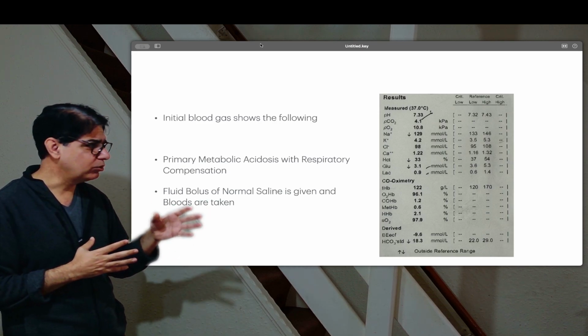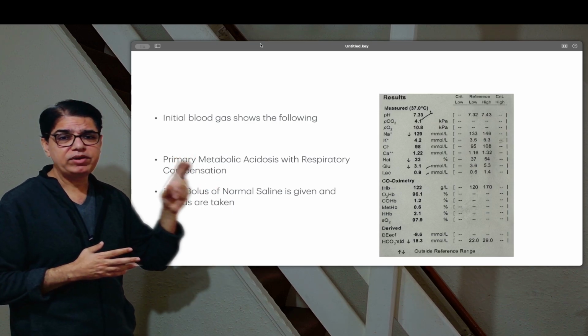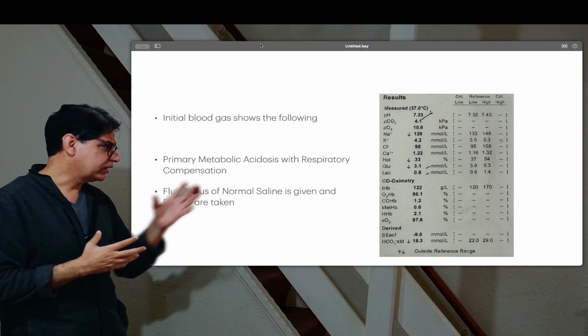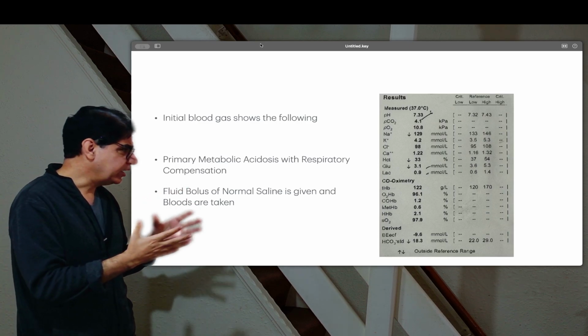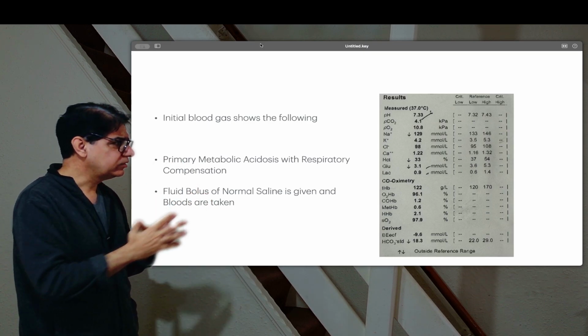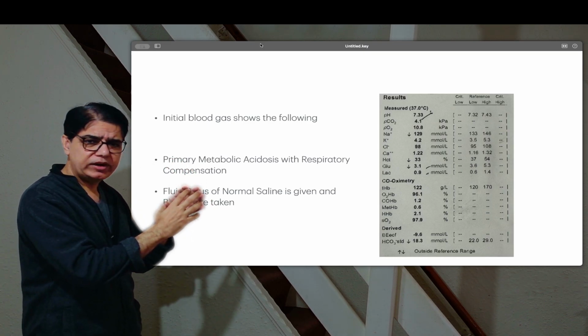If you look at the glucose, it's still on the lower side, 3.1, despite this girl having some dextrogel. So the glucose is not coming up. Then you look at the lactate. Lactate is absolutely fine. So there's no lactic acidosis. So what you are seeing on this blood gas is that it is primarily a metabolic acidosis.